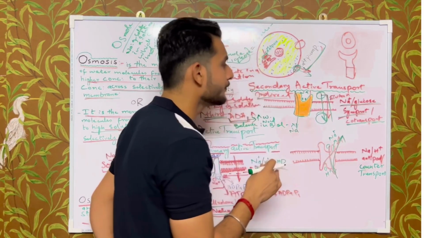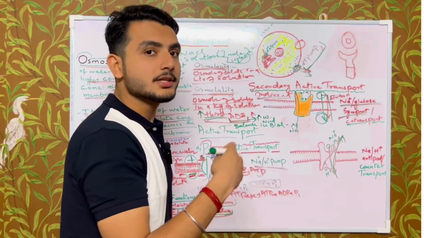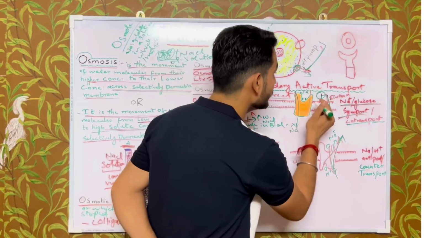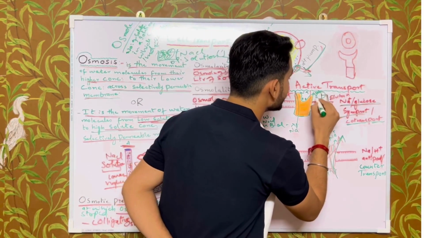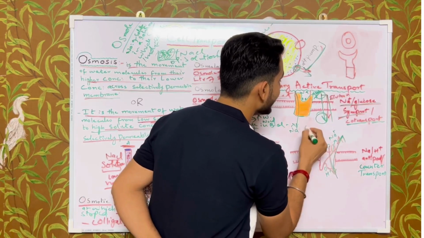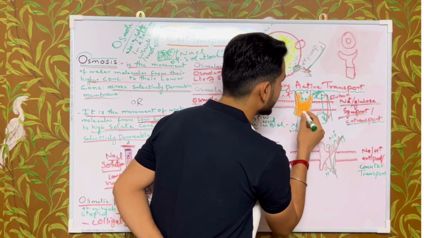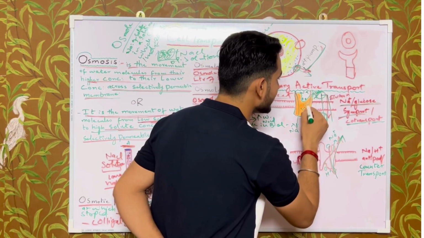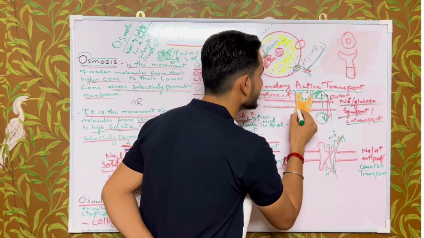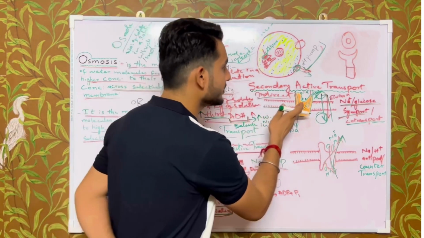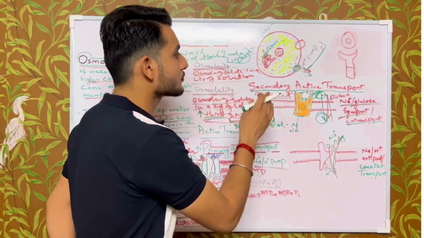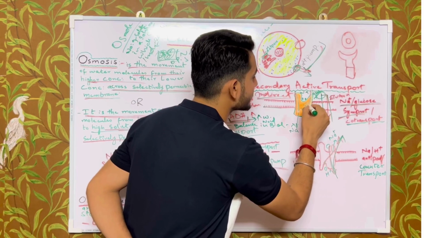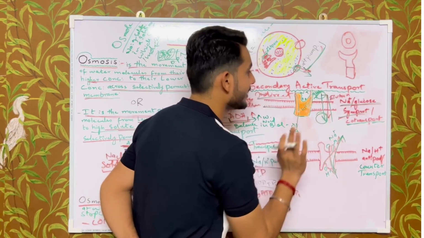Whenever any ion moves along the concentration gradient, there will be a release of energy. So this energy is used to move glucose, which is at a low level in the lumen of the intestine, into the cell, where the glucose level is higher. So now glucose is moving against the concentration gradient and sodium is moving along the concentration gradient. The energy released by the movement of sodium along the concentration gradient is used to drag the glucose from the lumen of the intestine into the cell.